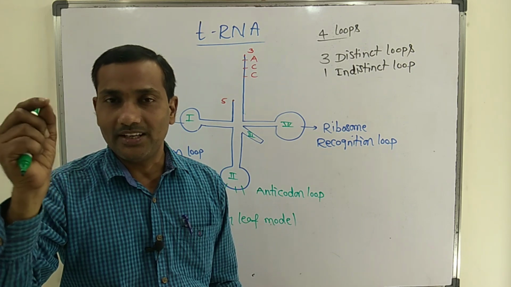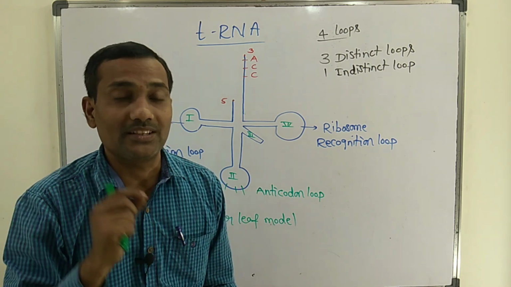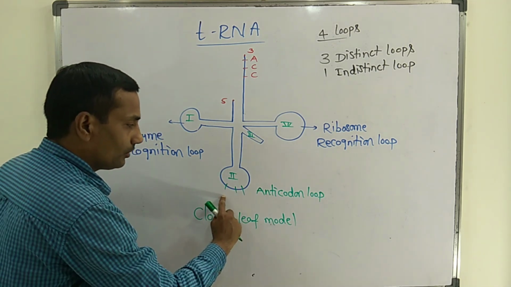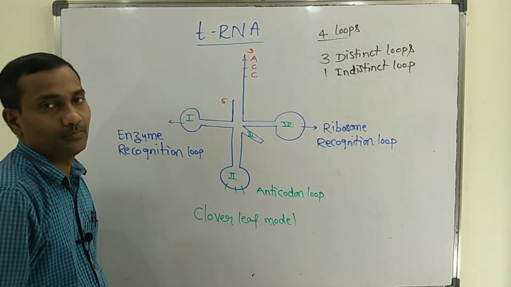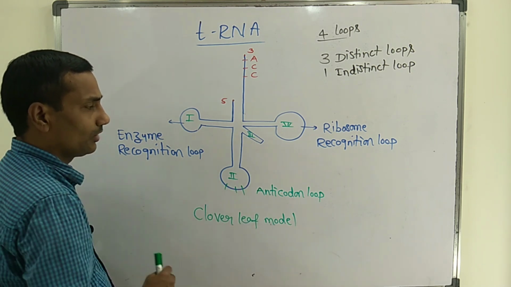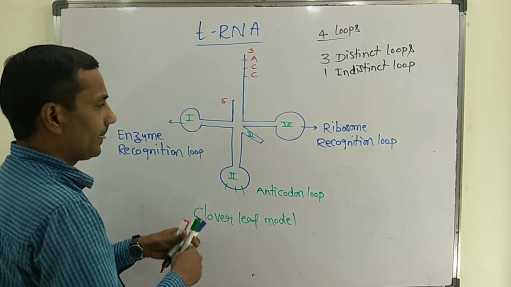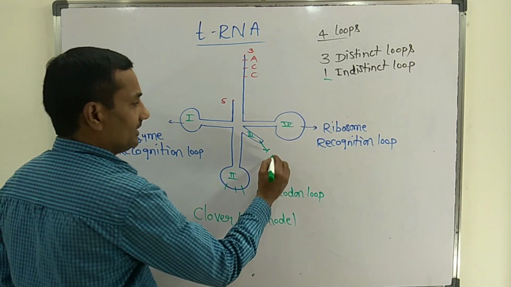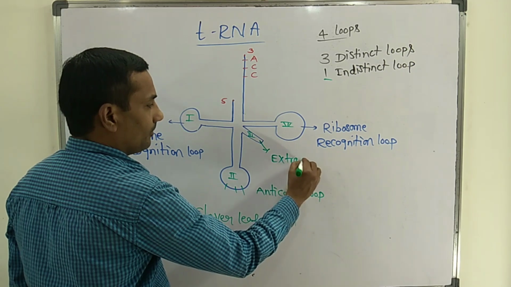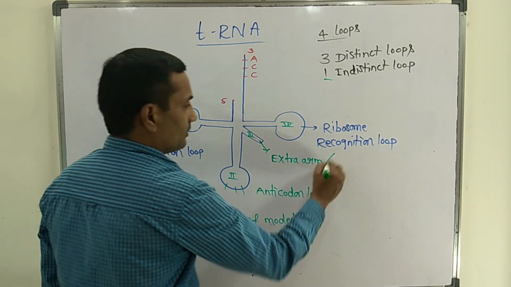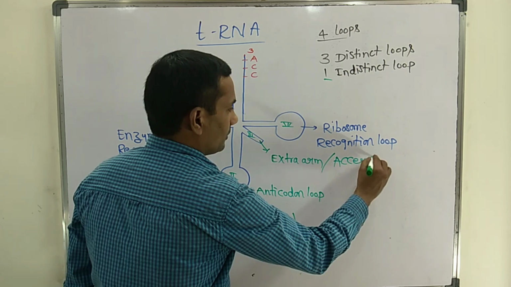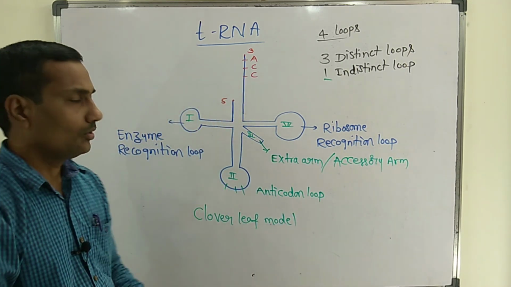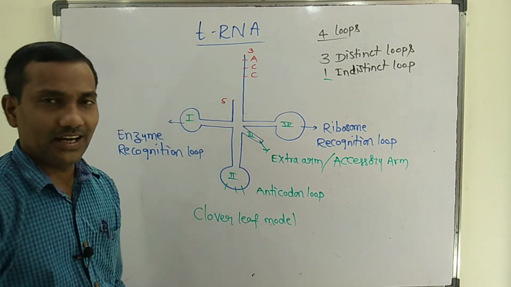Three successive nucleotides on the mRNA are called a codon, and the codon's complementary nucleotides are found in the anticodon loop. The third loop, the indistinct loop, is called the extra arm, otherwise known as the accessory arm.